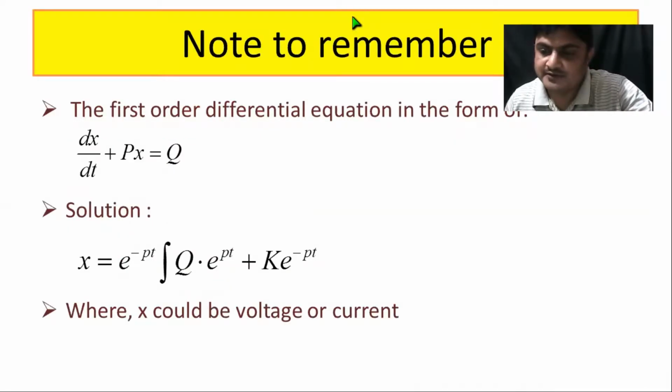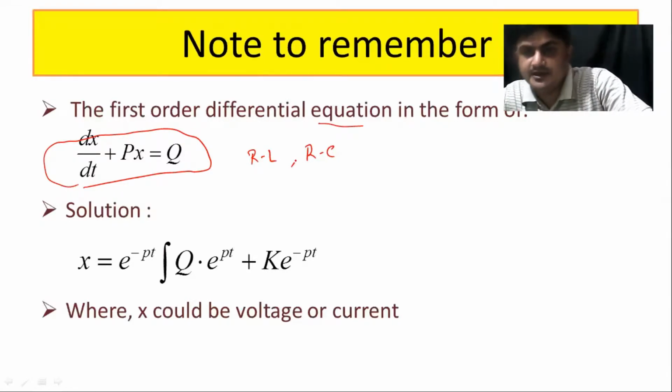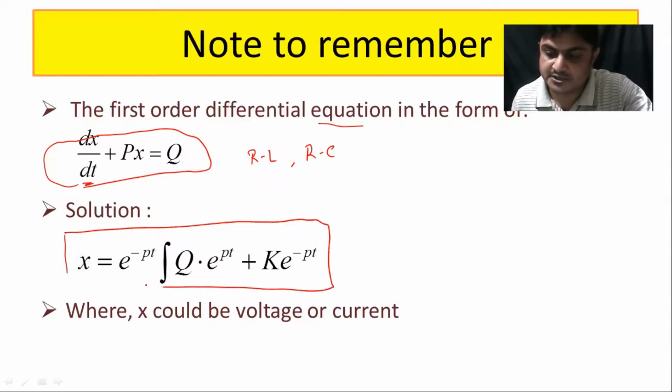This is what we discussed in our last class also: if you have a first order differential equation, dx by dt plus px equal to q. It means that whenever we have an RL or RC circuit and we apply KVL to find the voltage or possibly the current, our expression will be a first order differential equation. So we can solve it using this expression.